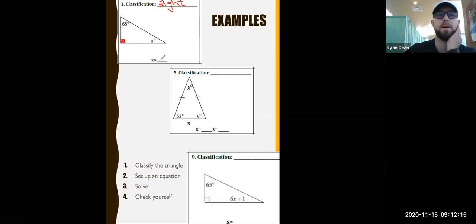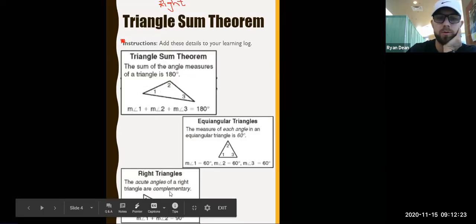Now for solving for x, remember what we said about this definition. We said that with right triangles, the acute angles are complementary. Complementary, we add to 90.